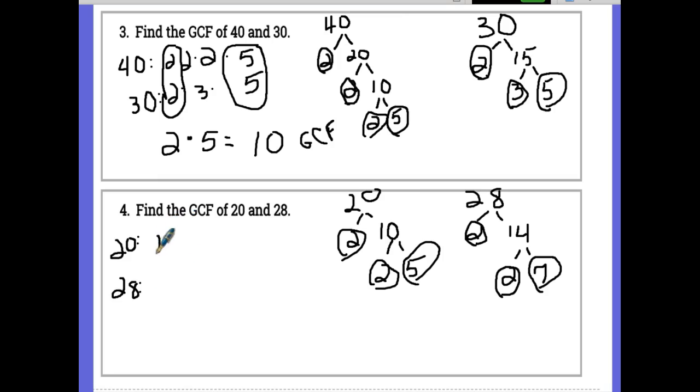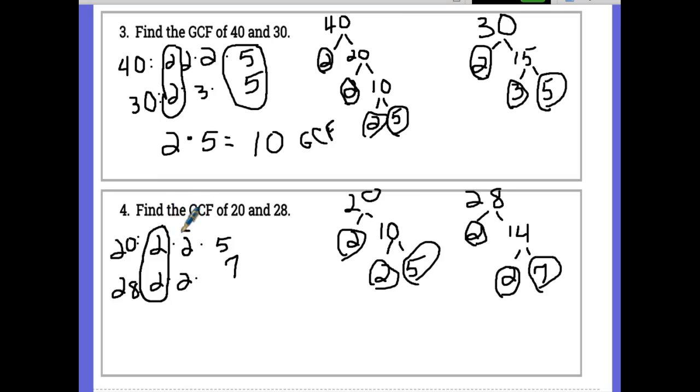And for the 20, I have a 2 times 2 times 5. For the 28, I have a 2 times 2 times 7. Now I'm going to look for the prime numbers that 20 and 28 share, and I'm going to circle those.